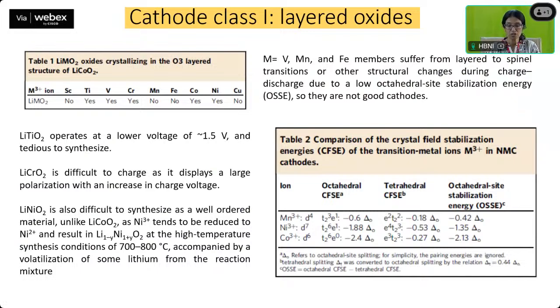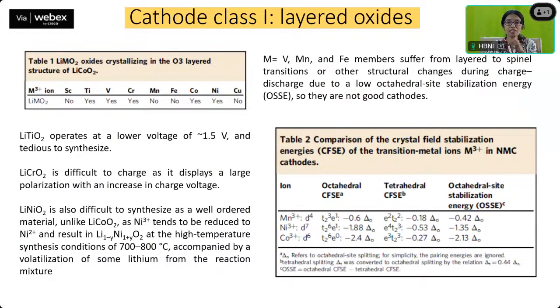Now you have to remember, when M is vanadium, manganese, or iron, these members, that is lithium vanadium oxide, lithium manganese oxide, and lithium iron oxide, suffer from a layered to spinel transition. So the layered structure becomes unstable and becomes a spinel structure or undergoes other structural changes during the charge process.